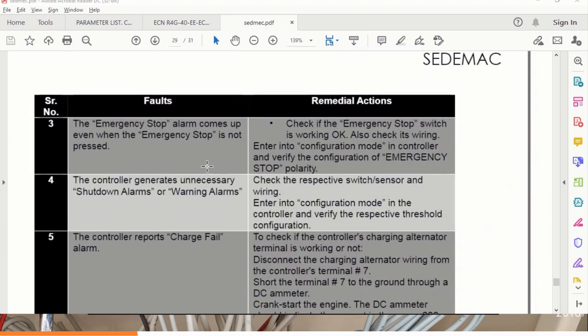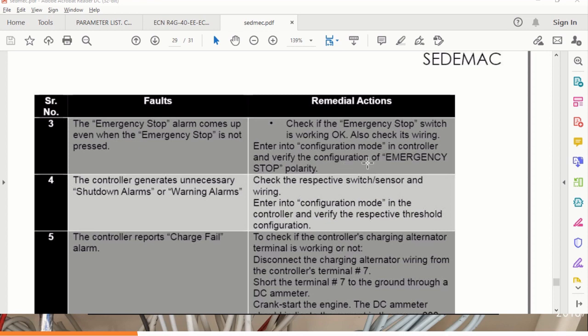Similarly, an emergency stop alarm comes up even when the emergency stop is not pressed. If the emergency stop button is not pressed, despite this the emergency stop is coming, so we have to check if the emergency stop switch is working okay. Also check its wiring and also the configuration mode.